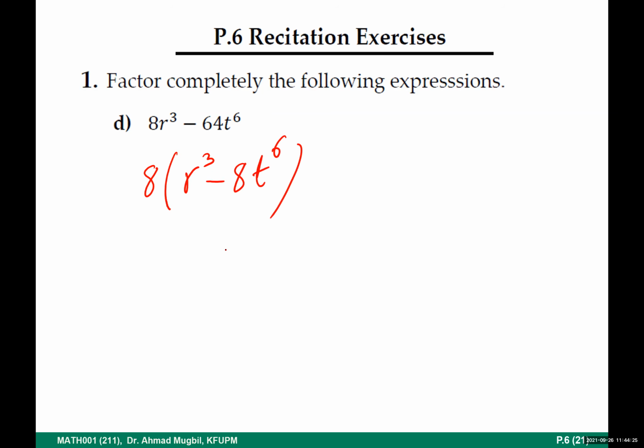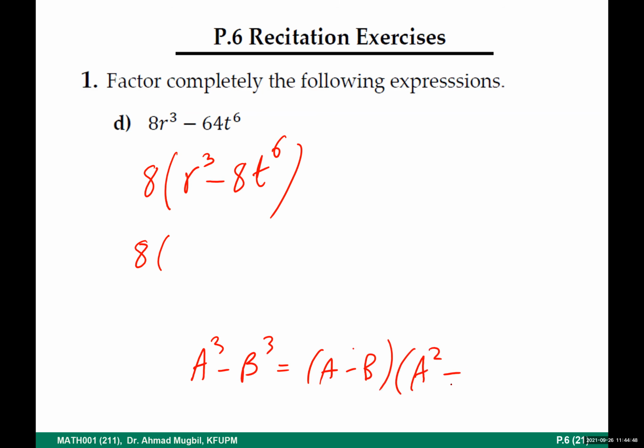Now, how many terms do we have? 2. We have 2 terms. When you have 2 terms, ask yourself, is it sum or difference? Difference of cubes or difference of squares? Cubes. So what is the cubic root? You remember the formula, a cubed minus b cubed, it is a minus b times a squared plus ab plus b squared.